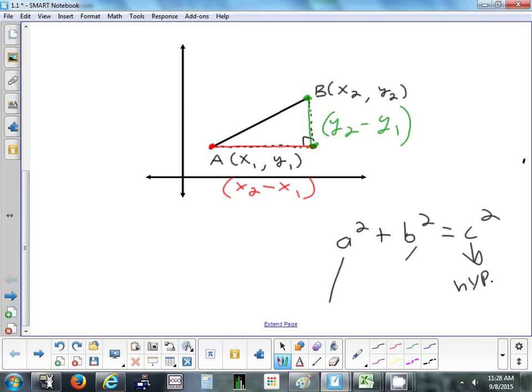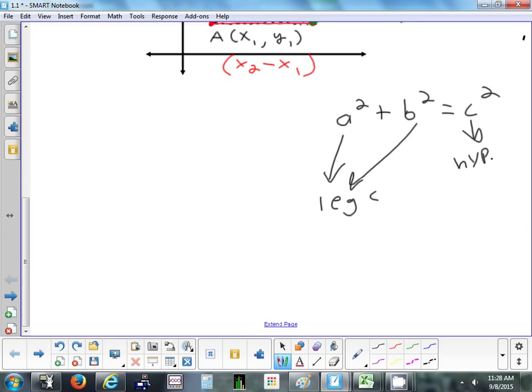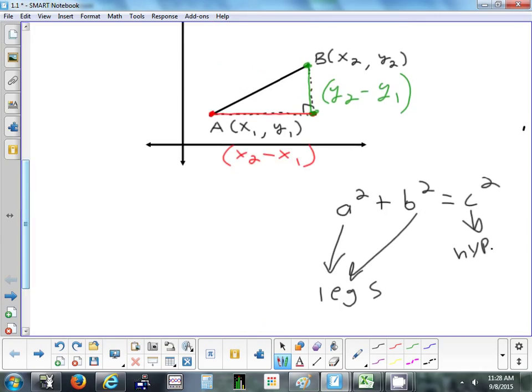And what about A and B? Anybody else remember what those are? Legs. Yeah, those are your legs. Well, we just found the length of our two legs. One of them's x2 minus x1. The other one's y2 minus y1. We're just going to take this, plug that in there, take that, plug that in there, and then we'll have our distance formula.